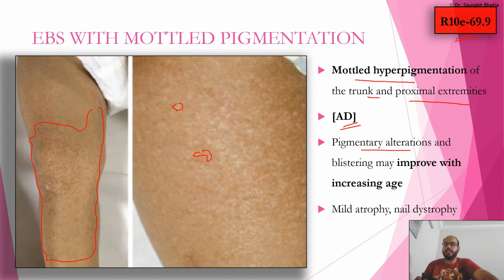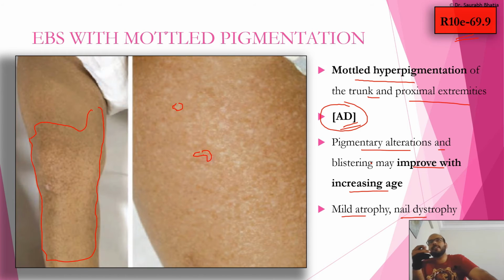There are pigmentary alterations and blistering which improve with increasing age. So do you realize that this subtype is improving with age? It is less severe and that is why it is autosomal dominant. It's a way to remember. If it's more severe, then it's autosomal recessive. Mild atrophy and nail dystrophy.